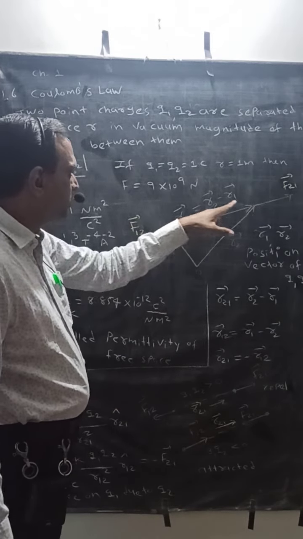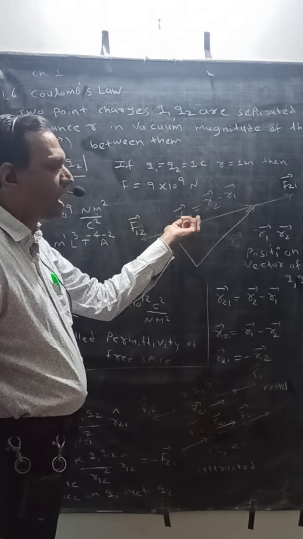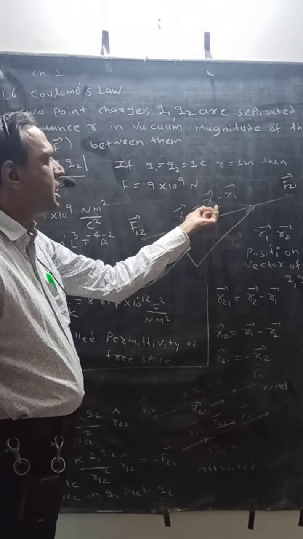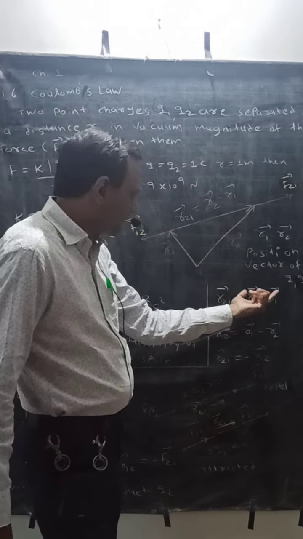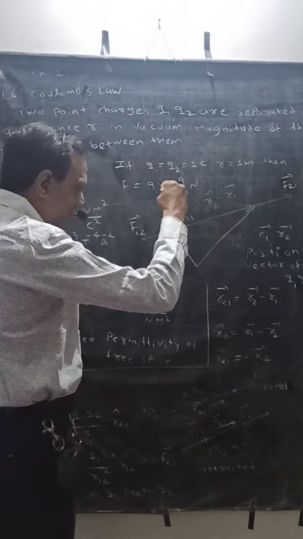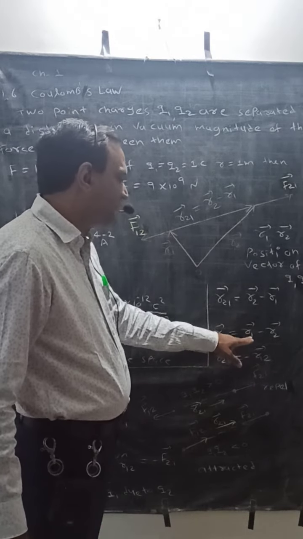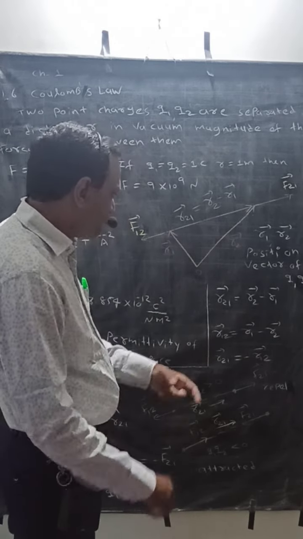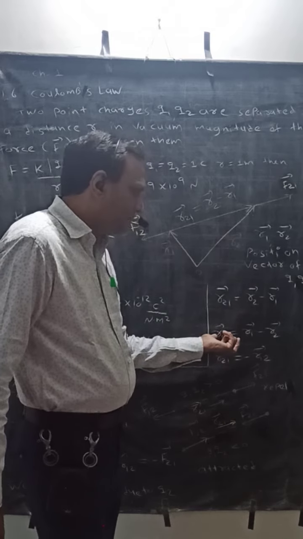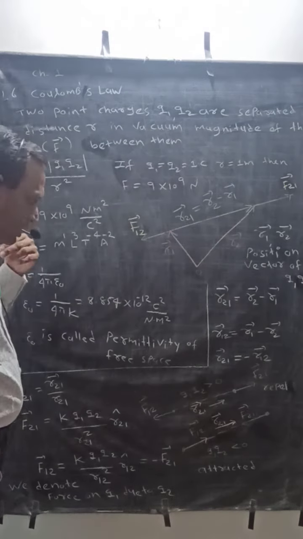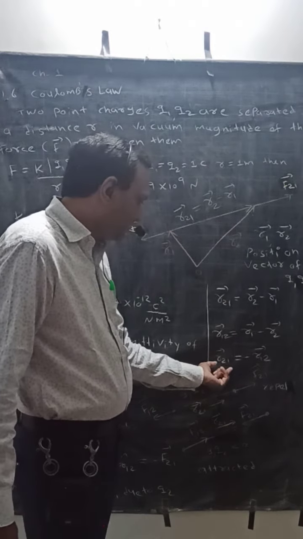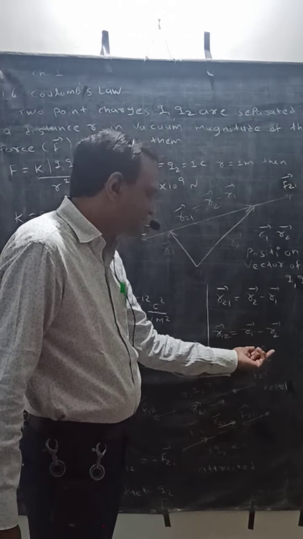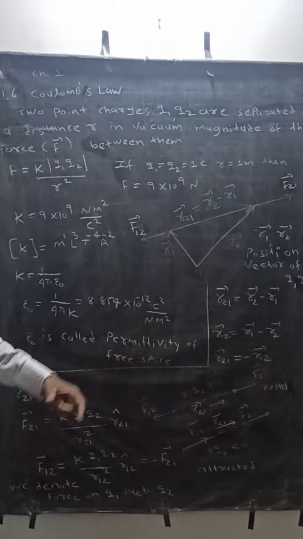The displacement from Q1 to Q2 is vector R21 equal to R2 minus R1. If you start from the other side, then R12 is equal to vector R1 minus R2. The magnitudes are the same, but the direction is opposite. So vector R21 is equal to minus vector R12.